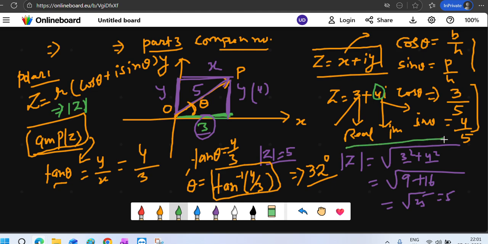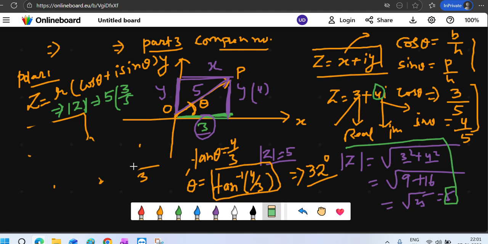Mod z we have already found for this value, that is 5. So you can write it this way: 5 times cos theta, which we just found out is 3 by 5, plus i sin theta, which is P by h, that is 4 by 5.